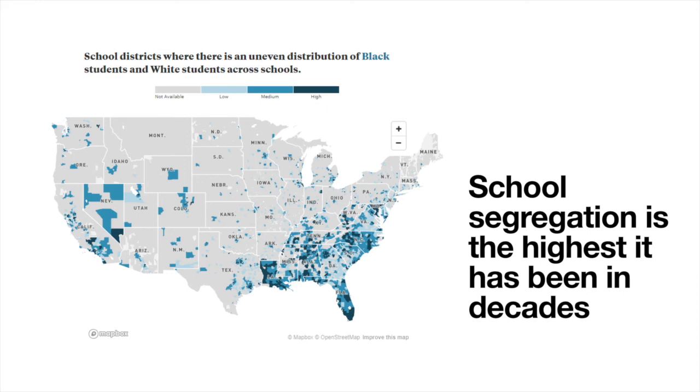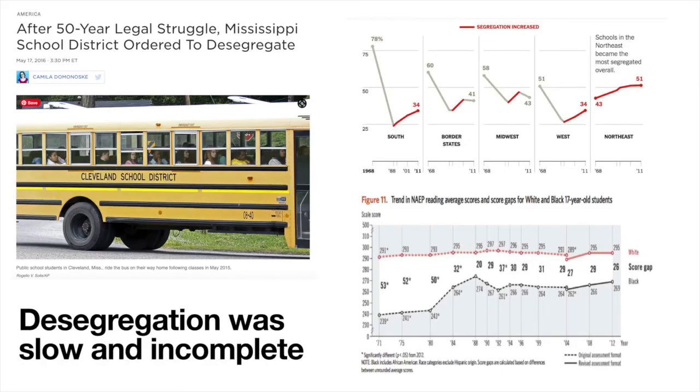Think about that. Look at this map. School segregation is the highest it has been in decades. Did Brown succeed? We also talk about Brown as a success, a historical success in the civil rights movement. But this map, these charts, would raise a question of whether that's true.